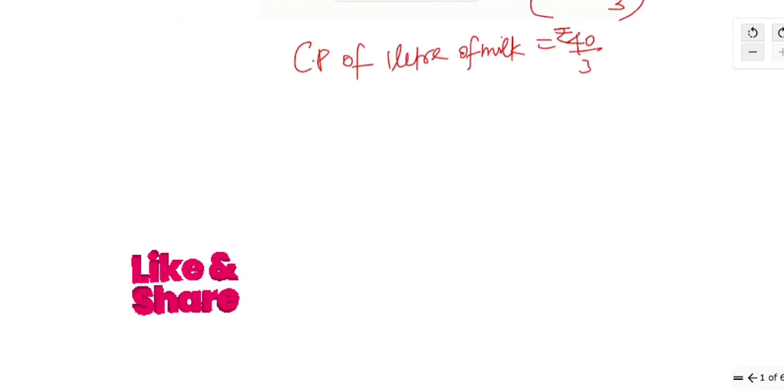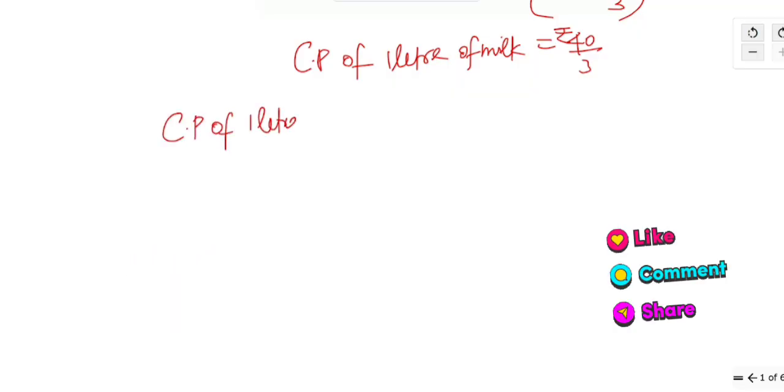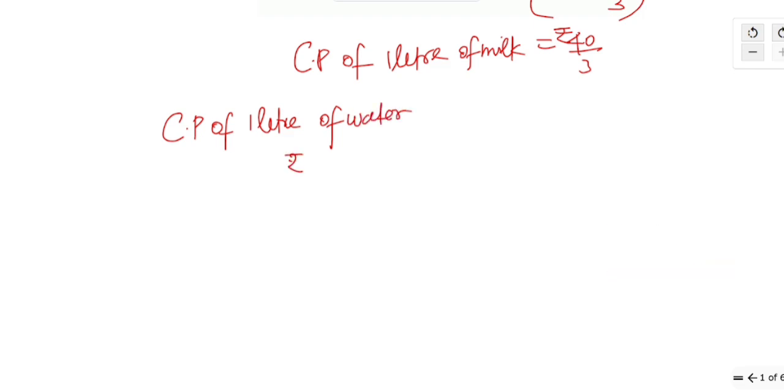Now we'll use the alligation rule. Cost price of 1 liter of water is nothing but 0. Cost price of 1 liter of milk, rupees 40/3.